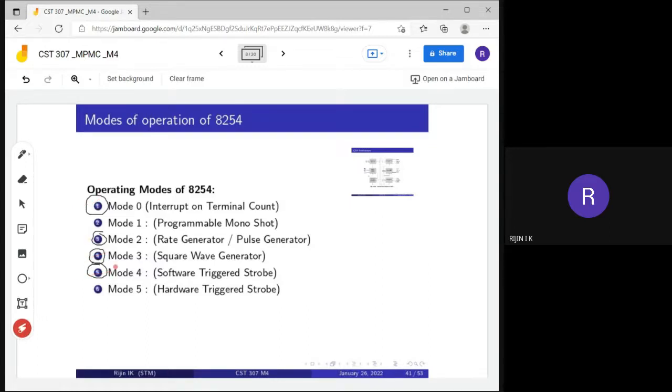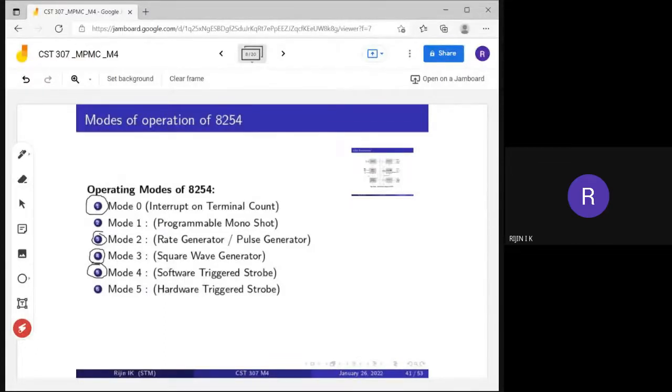Enable signal means our gate signal. If the gate signal is high, then automatically the counter will start decrementing from the count value to 0.